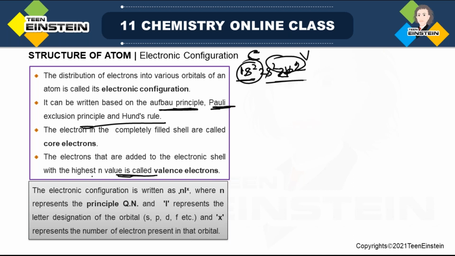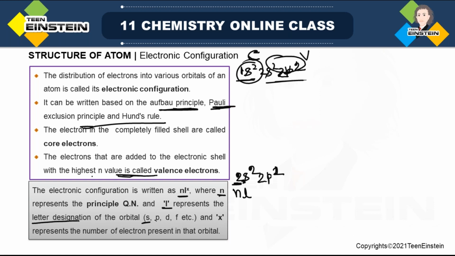The electronic configuration is basically written in this way: nl^x. So it is nothing new. Just see how I write it: 2s2 or 2p2 for carbon. So this is basically n, s is l, and 2 is x. Here n is the principal quantum number, l represents the letter designation of the orbital.